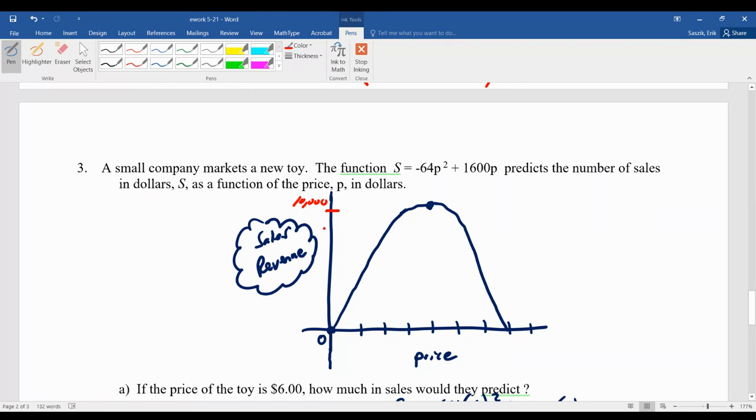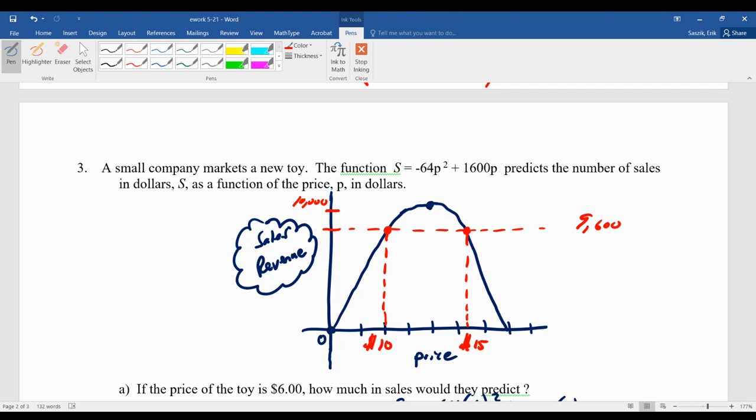Well, 9,600 might be at this level. Let's say that that's the 9,600 level. And you see how it hits the parabola twice. So here, that would be like the $10. And then here, that would be the $15 price. So there's two different ways of getting to $9,600 in sales.